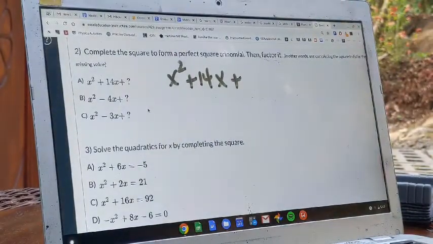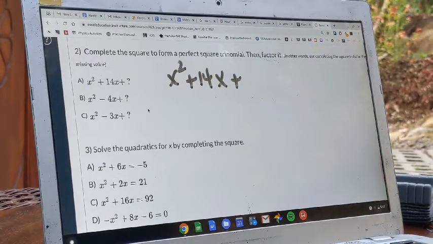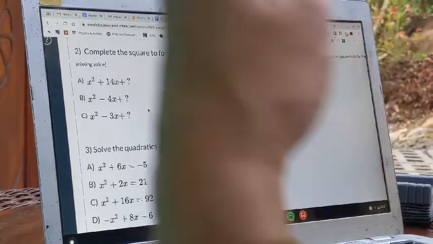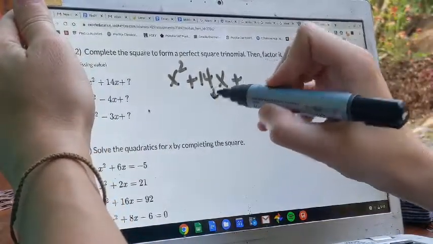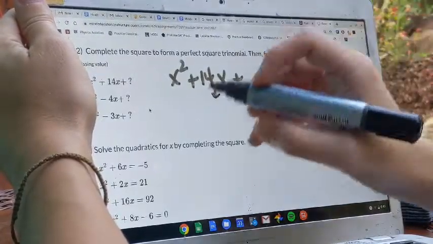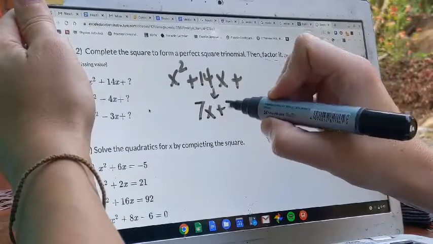When we complete the square, we're going to add something to make this into a perfect square trinomial. So let's think about what would cause a perfect square trinomial. We always look to the central term, and we know the central term was doubled. That means we had some 7x plus some 7x.